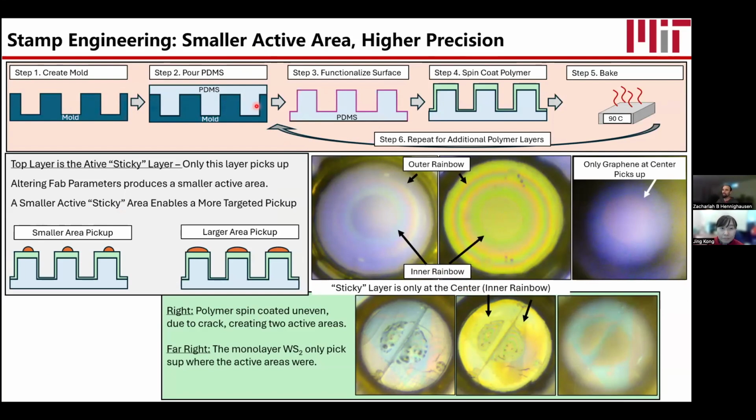But we want to keep making the active area smaller, so we want to make our pillars constantly smaller in diameter. However, as you can imagine, the smaller you make these molds, you're asking this gooey polymer to fill the mold, and eventually you have to pull it out. You literally pull out the PDMS. And this can tear the pillars if the ratio is incorrect, height to width.